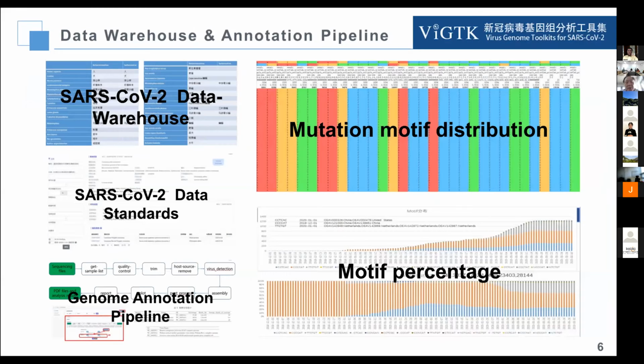Our whole system consists of a data warehouse and is based on some data standards, and we can also provide a genome annotation pipeline for scientific research support.